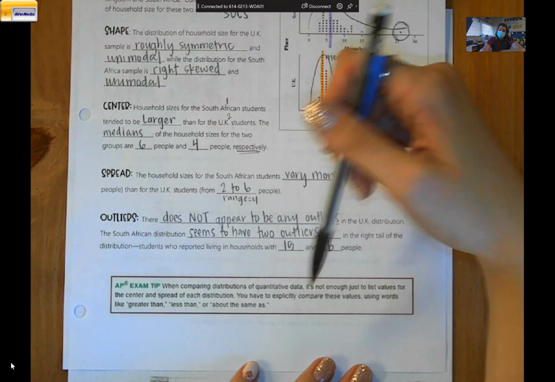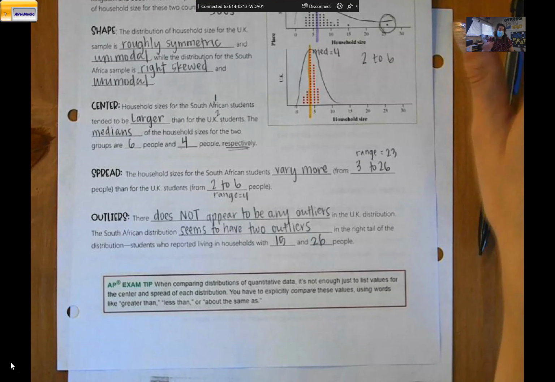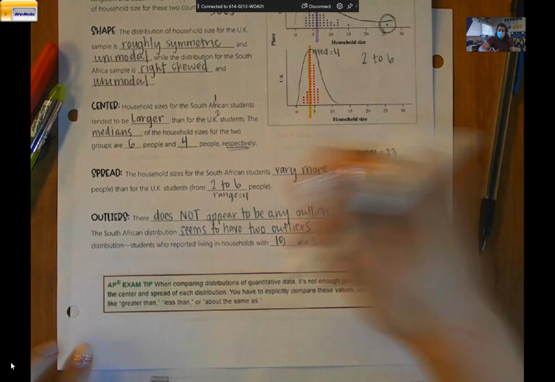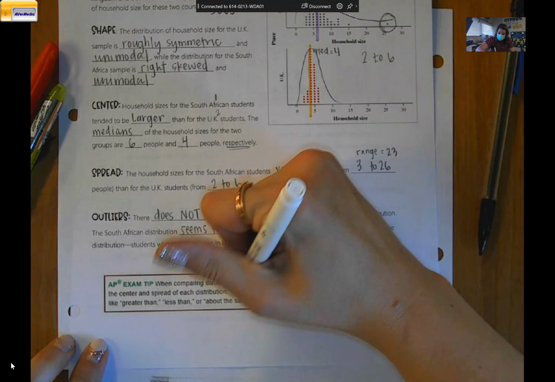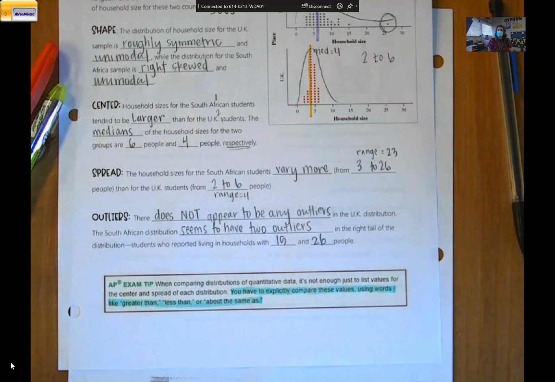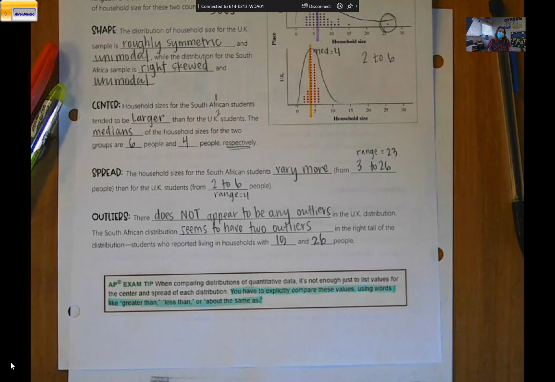You have to explicitly compare them using words like greater than, less than, or about the same, or more, or less. So I'm going to highlight that. You have to explicitly compare, meaning you have to use words like greater than, less than, and so forth.